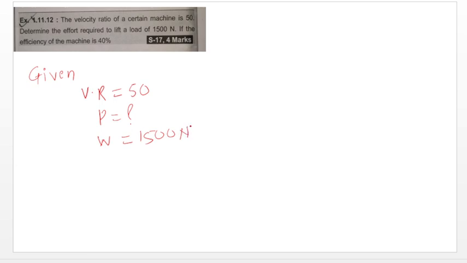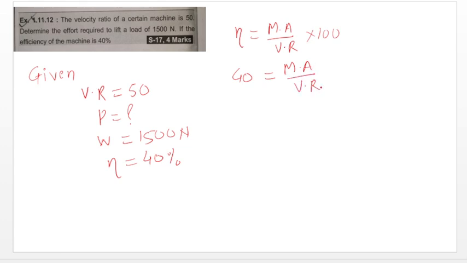If the efficiency of the machine is 40, same numerical as the previous one. Start with the efficiency: mechanical advantage divided by velocity ratio, into 100. Efficiency is given as 40, which is equal to mechanical advantage divided by velocity ratio, into 100.